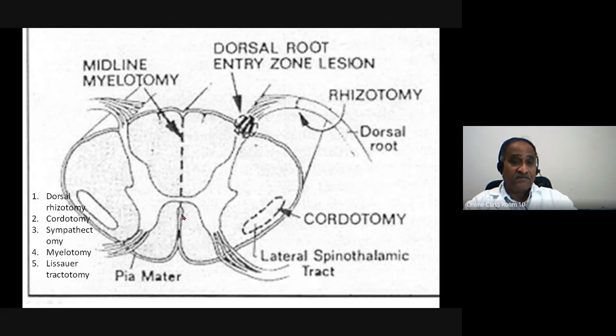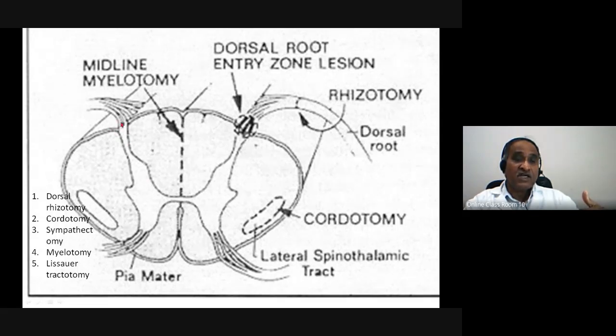Or there is another thing, because when the pain fibers come here, they will form the Lissauer's tract. Lissauer's tract means 2 segments up and 2 segments down. This tract is in the dorsolateral position of the dorsal horn, somewhere here.